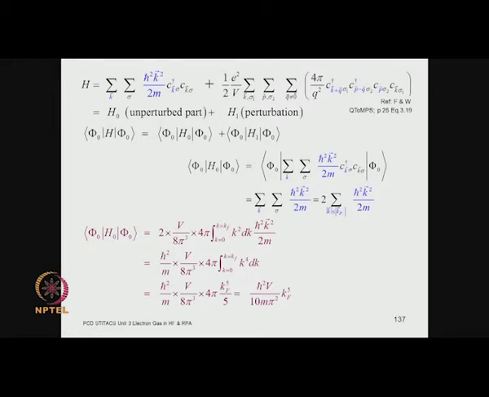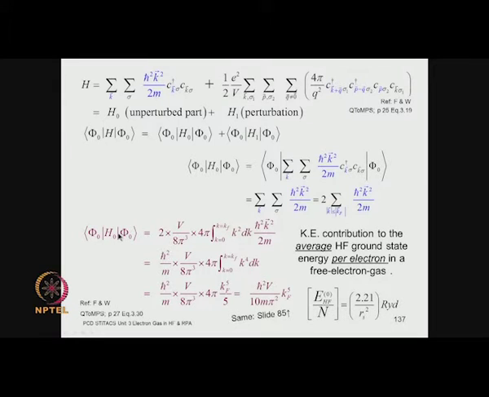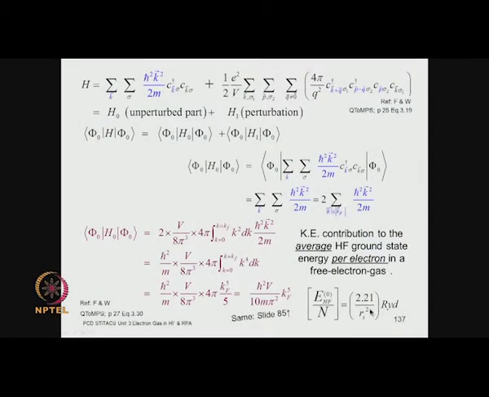Okay? So, this is the result of the unperturbed part of the Hamiltonian, and if you now put in all the values, evaluate the result for energy per electron. This we had evaluated; it is the same term as we got when we discussed the Hartree-Fock technique, and this is nothing but 2.21/Rs² in Rydberg units.